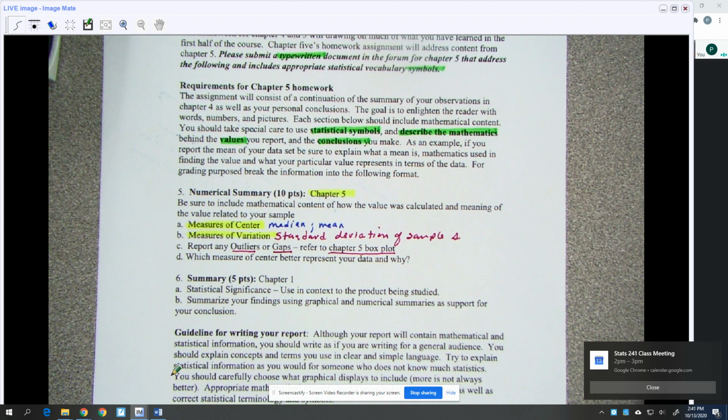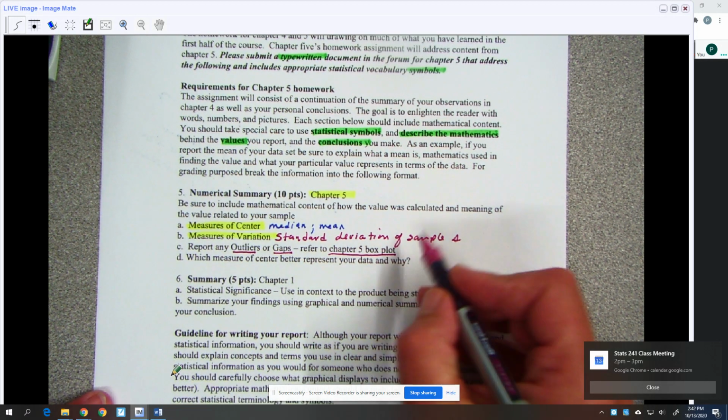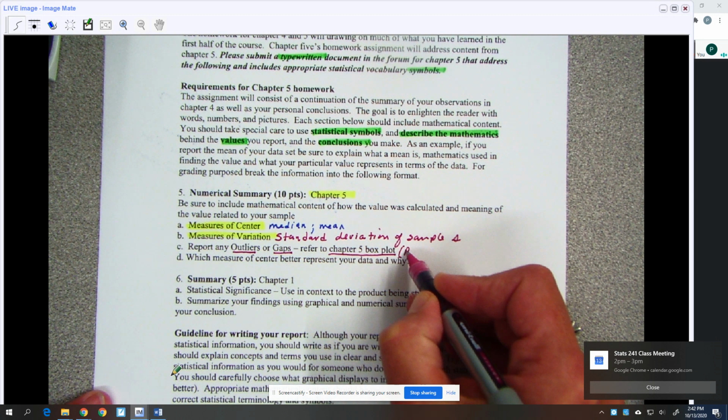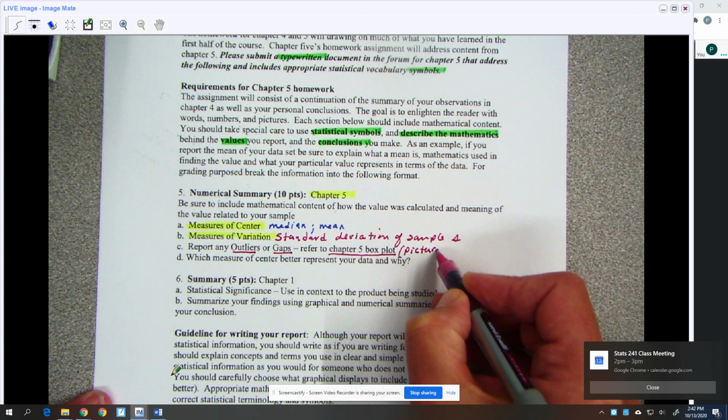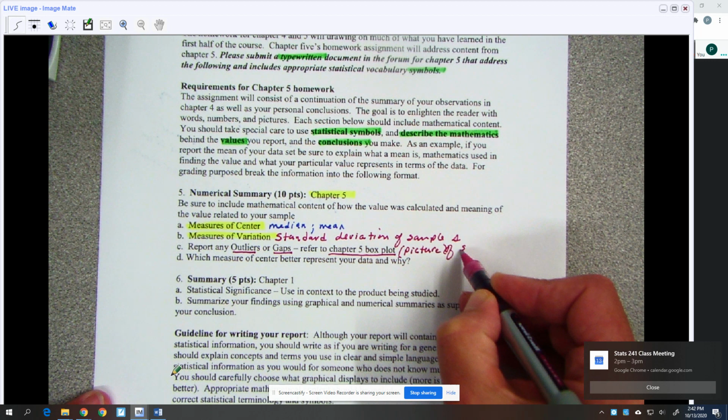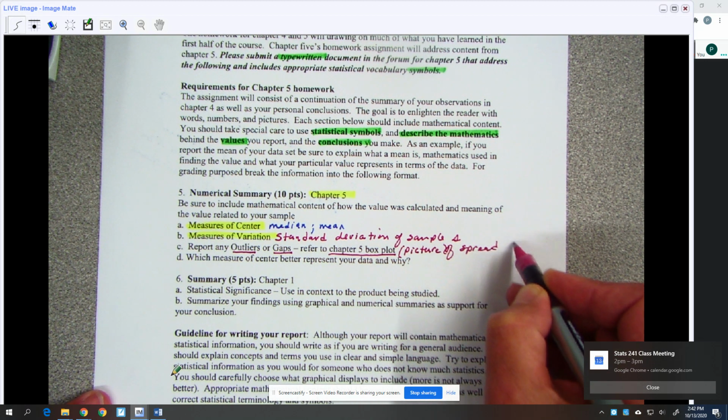Okay, you might get extra points if you could put a box plot in and tell me about it, but it's used for comparison and you are not comparing your product to anyone else. But it does tell you about spread. It's a picture. So I like to think of the box plot as a picture of spread. Remember that box?